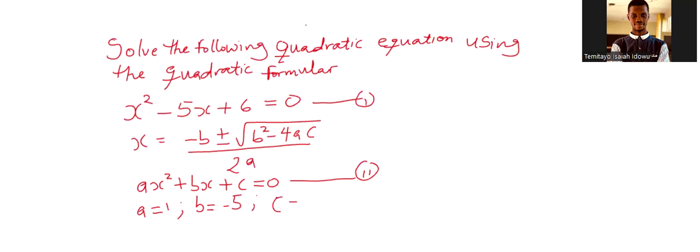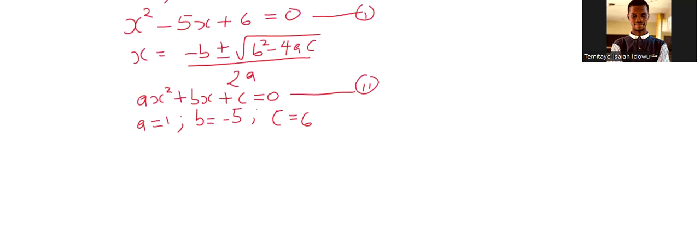So all we just need to do is to insert the values of our a, b and c into this quadratic formula that we have up here. So to do that, we are going to say our x is equals to minus, what is the value of our b? Yeah, you got that right.